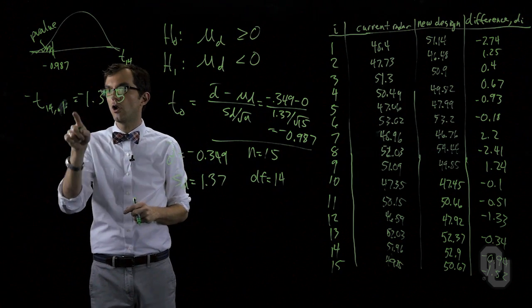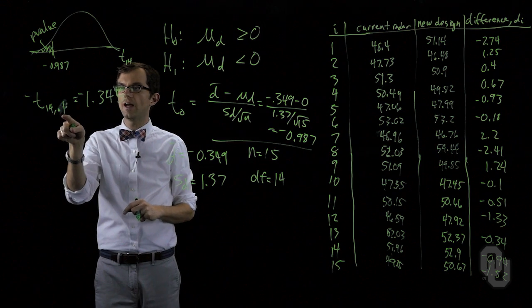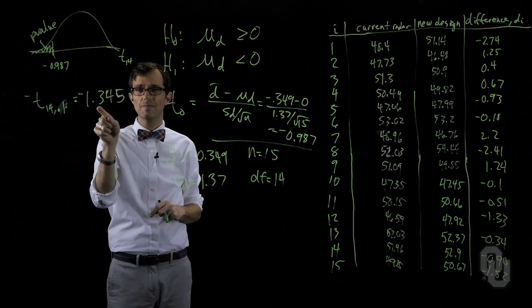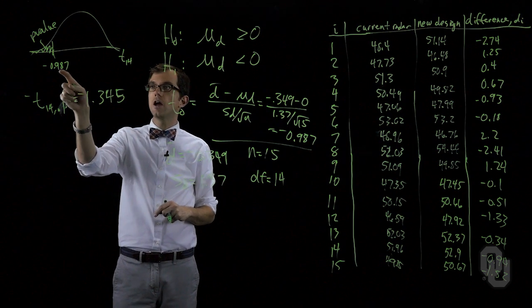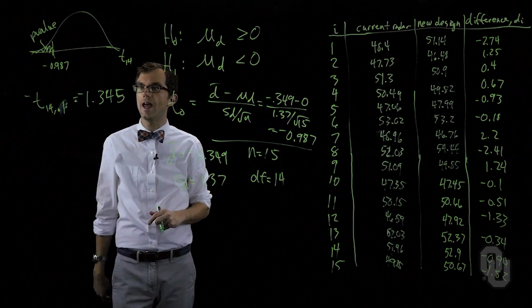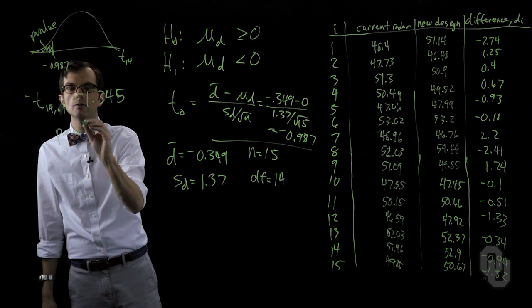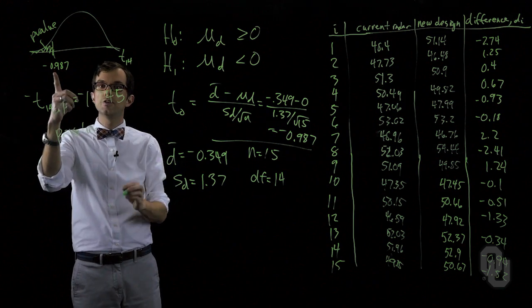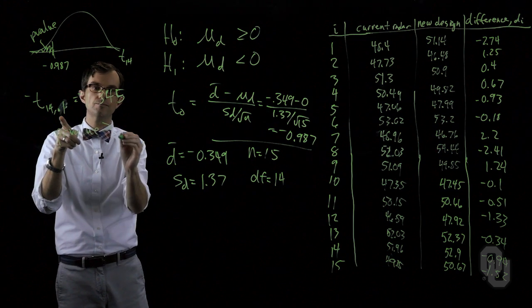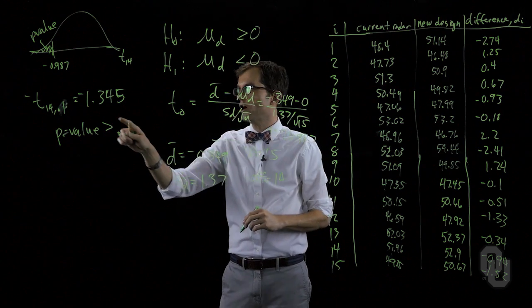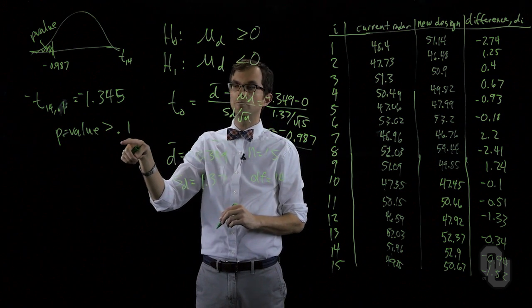And that's the largest area that we can find, 0.1 in the tail. That's the smallest value of t that we can find in the table. Our t value is still smaller than that. So that suggests that our p-value is greater than 0.1. We don't know exactly what it is, but we know that it must be bigger than 0.1.